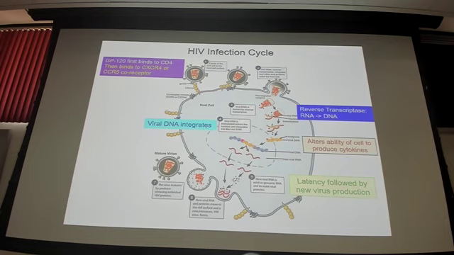But from there, what happens depends on whether or not you have active transcription. That has bearing on the course of the disease. When you do have active transcription, that's when you have productive production of virus particles. And when these stay quietly in the genome, you have no production of virus particles.